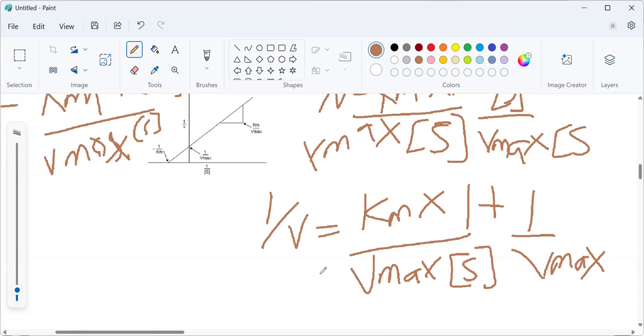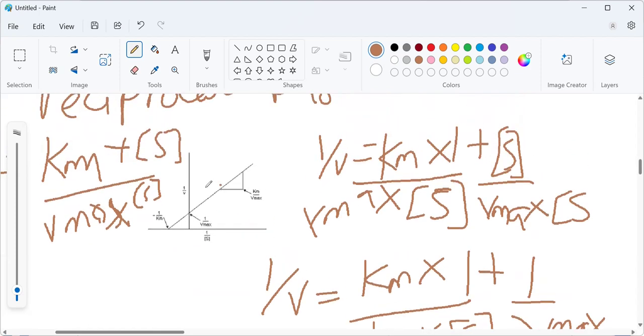This equation is similar to y equals ax plus b. So a plot of the reciprocal of the velocity, 1 over V, versus the reciprocal of the substrate concentration, 1 over S, will give a straight linear graph, just like what we see here.